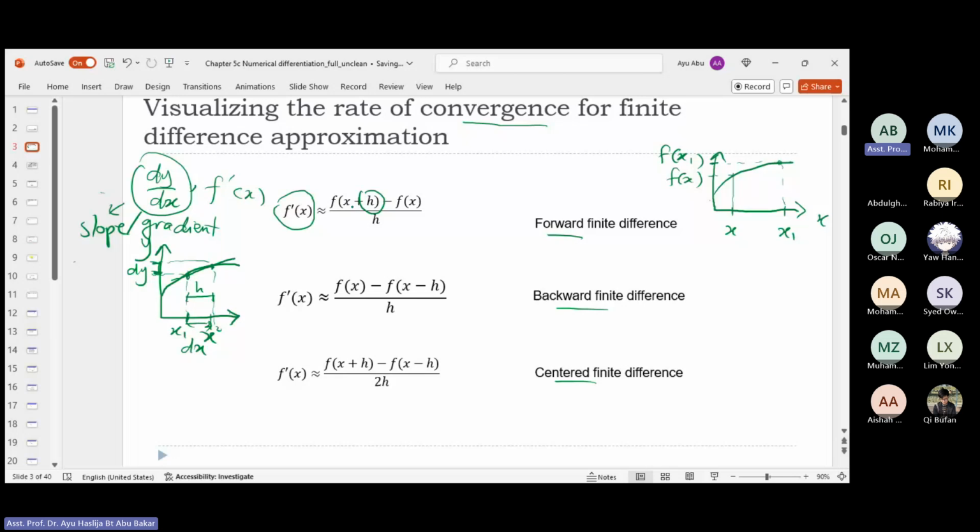Here f(x plus h) means this is your h, so f(x plus h) here means your x1. From here, f(x1) minus f(x) is your dy, over the dx, which is the h. Forward, so it moves a step forward, plus h. If backward, it moves backward, minus the h.